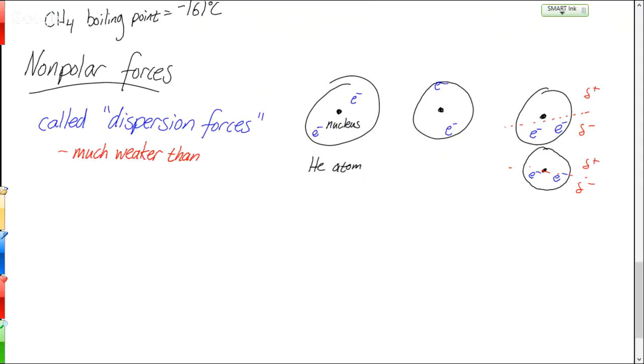They're much weaker than the polar forces, as you saw in the low boiling point for methane.